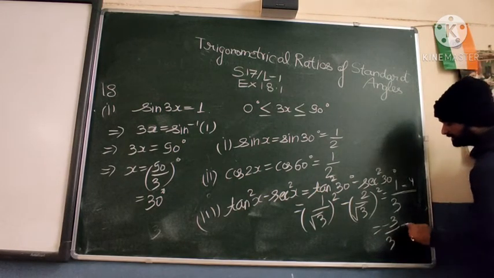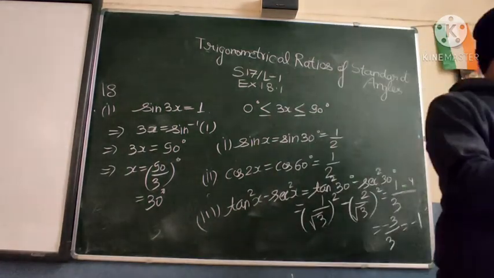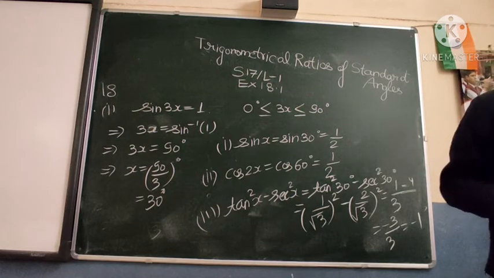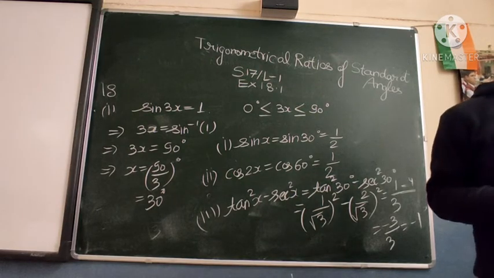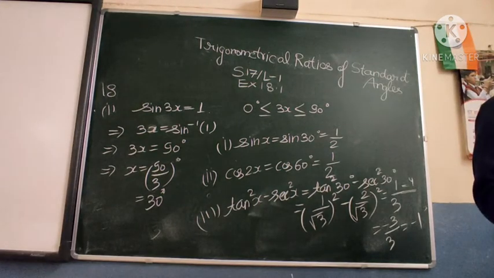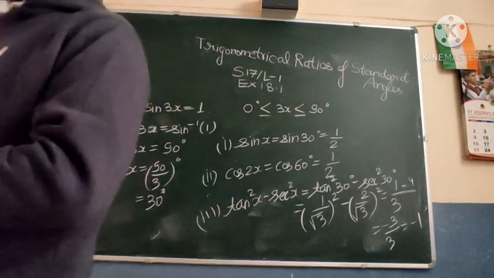Minus 3 upon 3 is minus 1. So these are all the three answers. Half, half and minus 1. That is the answer we have got. All the three parts are solved. I hope this should be easy for you.